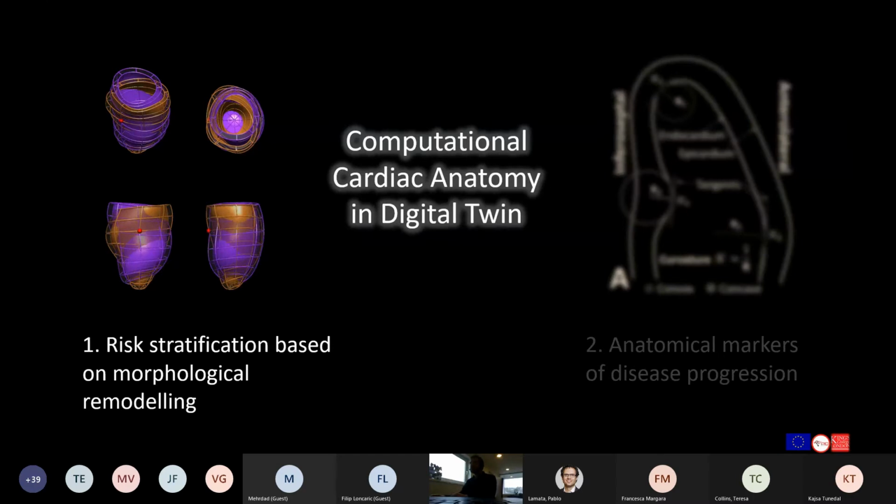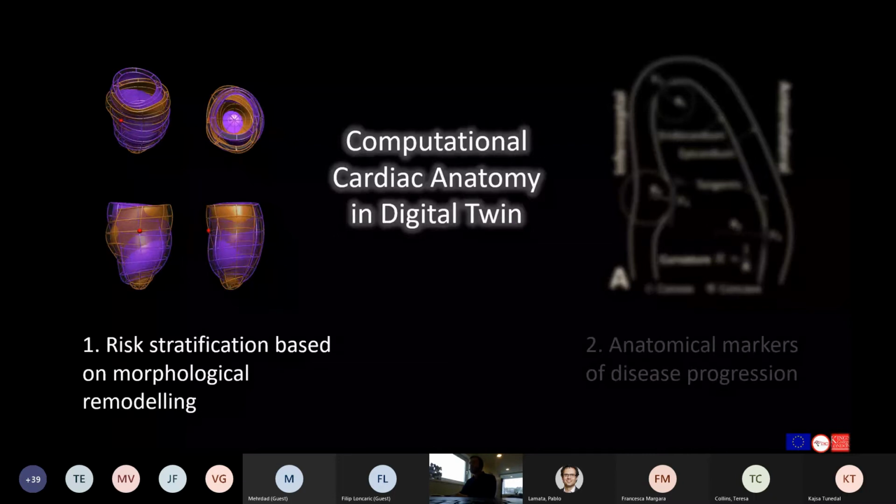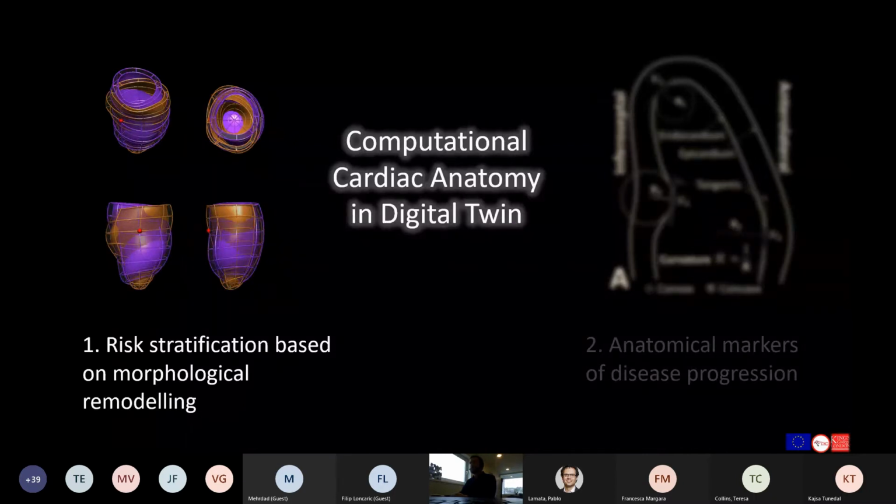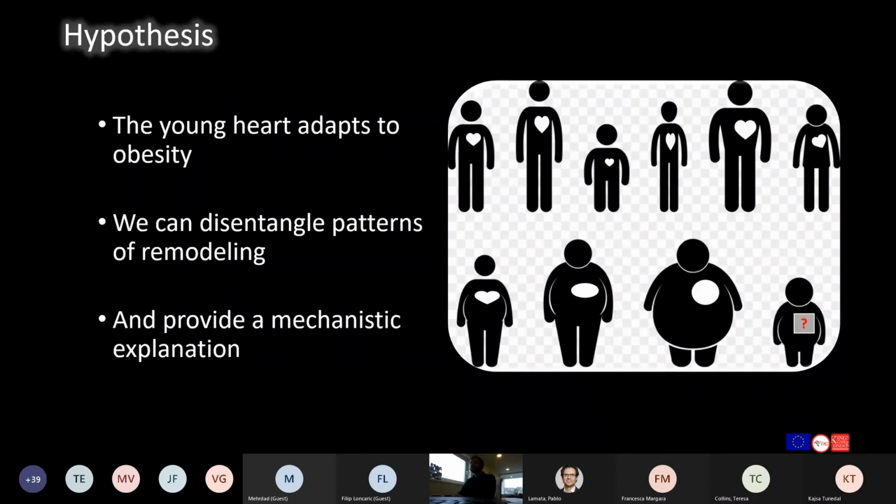The first one is about the risk stratification based on the morphological remodeling, and specifically the shape features that are related to the obesity among children. In this project, we hypothesized that the heart will adapt to the obesity through some morphological remodeling, also at a young age.